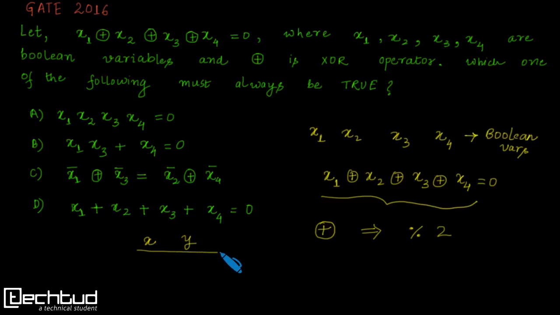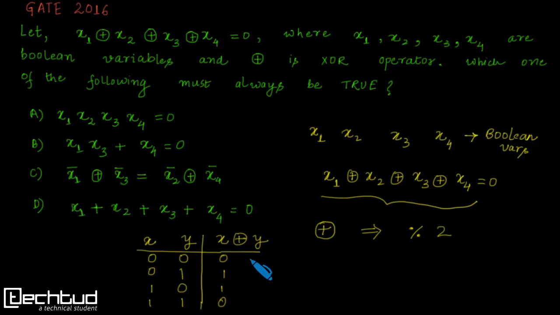The possible values they can hold are 0, 0; 0, 1; 1, 0; and 1, 1. For each of these cases, the value of x XOR y will be 0, 1, 1, 0.